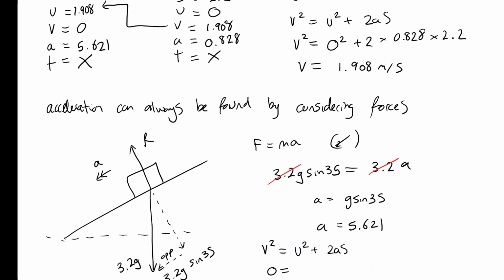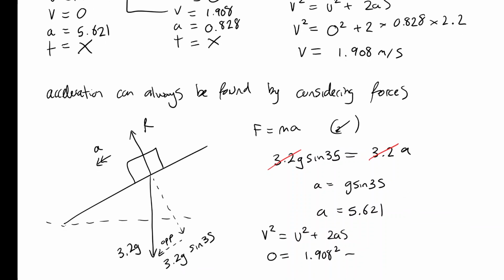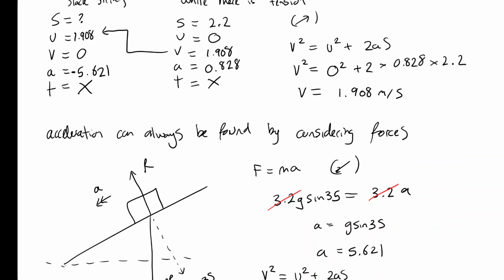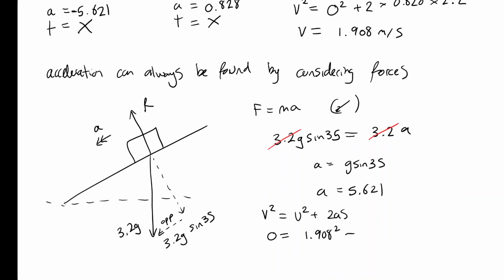So 0 equals 1.908 squared, and bear in mind that the acceleration was down the slope, so that actually should be negative just there. Minus 2 times 5.621 multiplied by s, the distance we're trying to find.